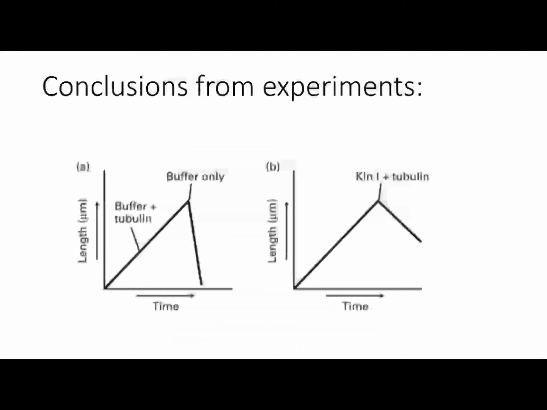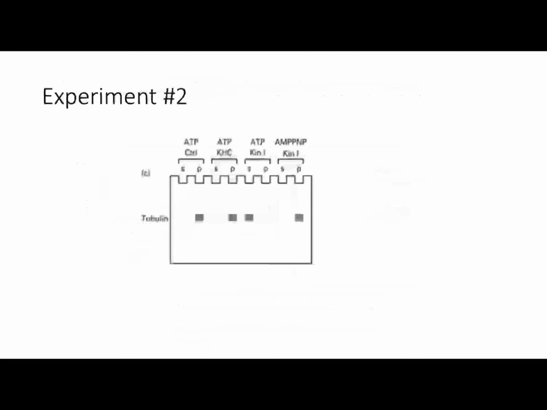Furthermore, image B also demonstrates when the tubulin and buffer solution in the chamber are replaced with a solution containing tubulin and the motor protein, the kinesin motor protein is shown to be kin1, as you can see there. So kin1 is very much needed for depolymerization.